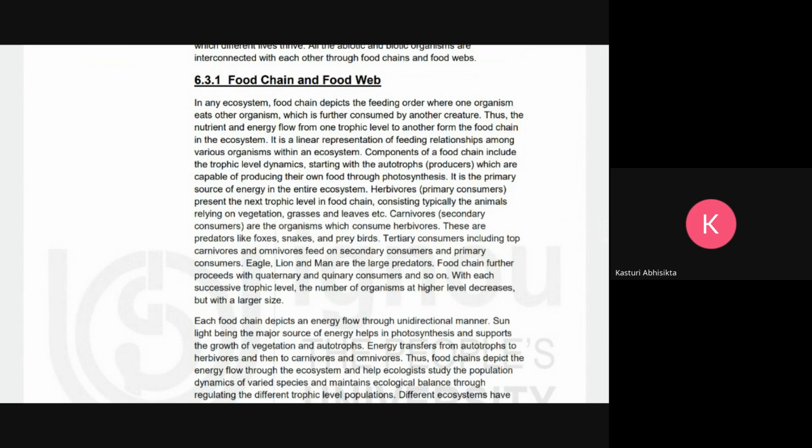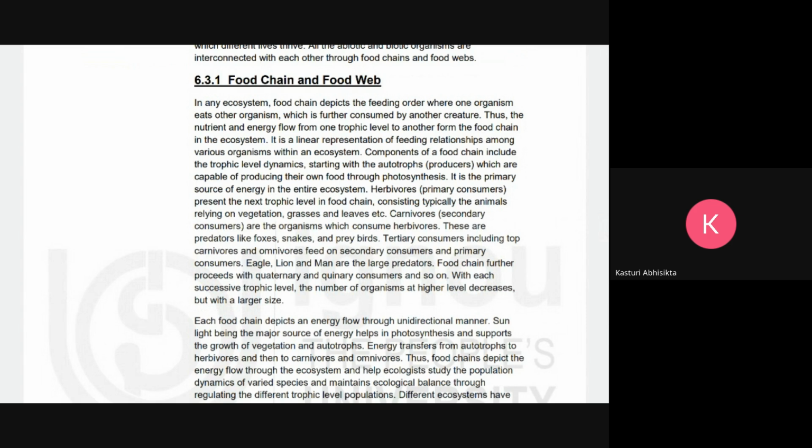And what is a food web? A food web is basically a complex food chain. When the food chain is complicated, we consider it a food web. Why a food web? Because sometimes the food chain is not systematic; it is not arranged in systematic trophic levels. Sometimes omnivores consume autotrophs, because a few animal species eat plant products directly.